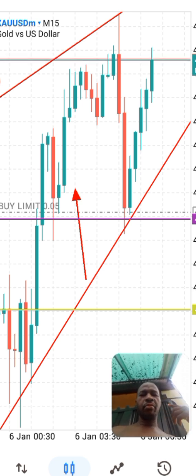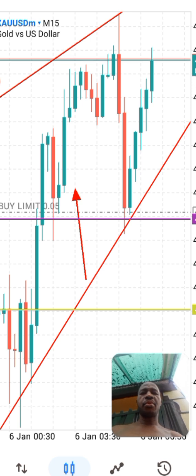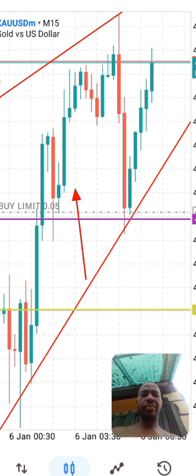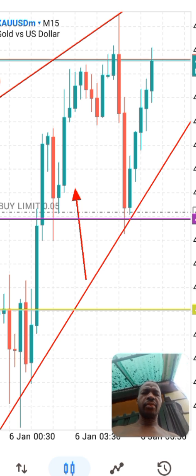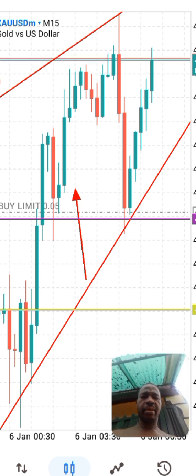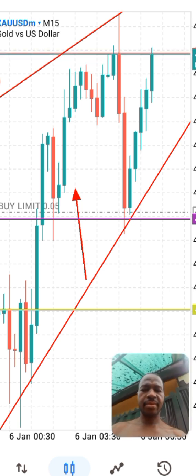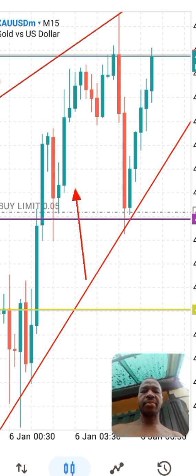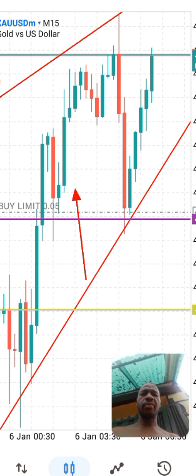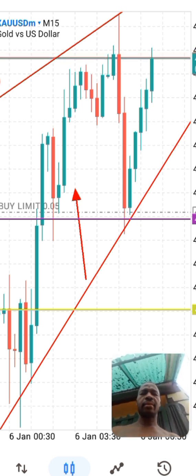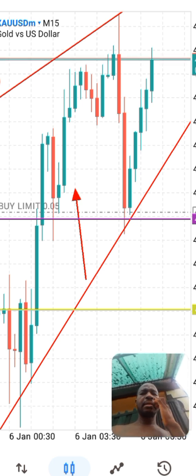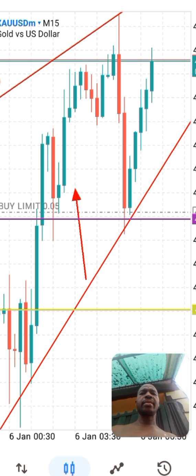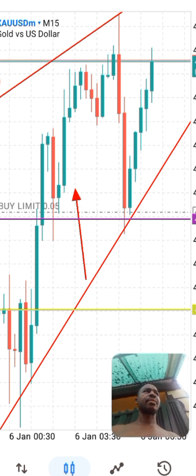doing a double top. So if you are live on this trade, I hope by now you have closed your TP2, because it's about to reverse now, so I know it's going to reverse. Even if it does not get to this second trend line, there's a potential reversal, because you can see it has gotten to resistance.